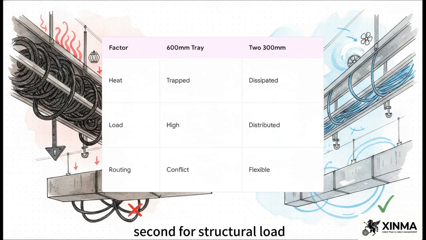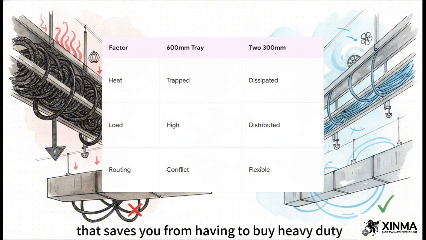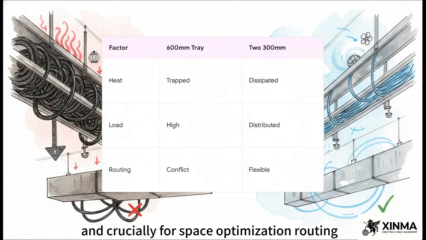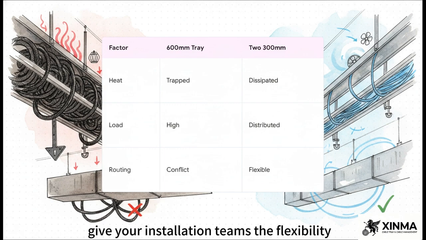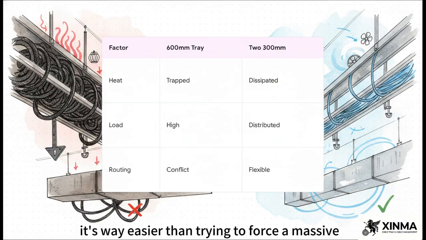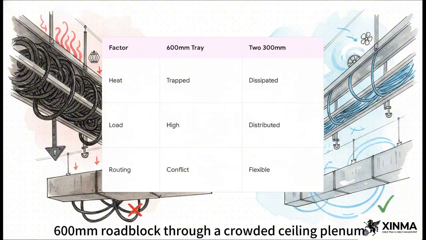Second, for structural load, two narrower trays distribute the weight much more evenly. That saves you from having to buy heavy-duty, closely spaced hangers. And crucially, for space optimization, routing two smaller trays gives your installation teams the flexibility to actually navigate around existing HVAC ductwork and maintain vital maintenance access. It's way easier than trying to force a massive 600mm roadblock through a crowded ceiling plenum.